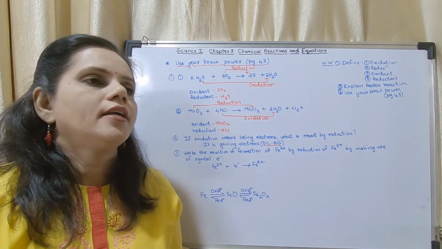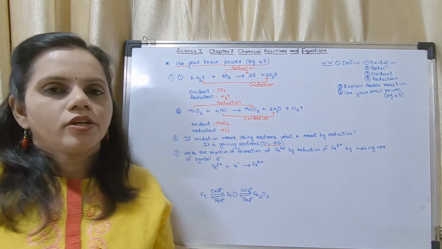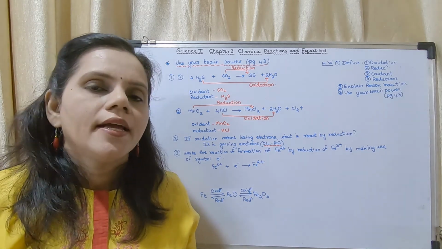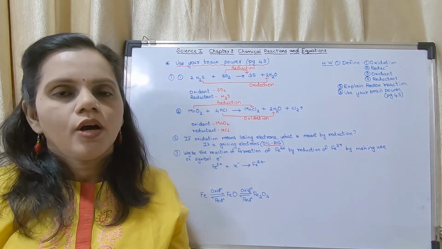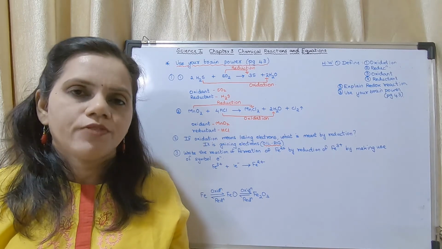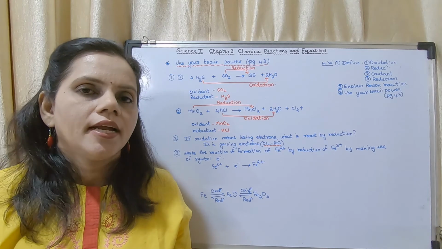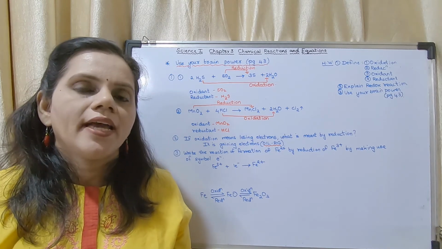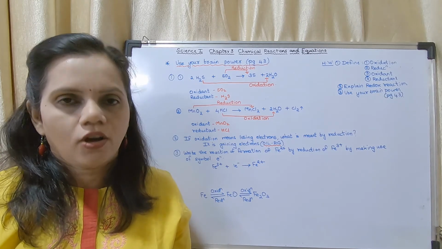I had told you earlier, if an element loses electrons, it becomes positive. If an element gains electrons, it becomes negative. Why it is so, we will discuss while doing the exercise. For now remember, losing electrons makes it positive, gaining electrons makes it a negative ion.